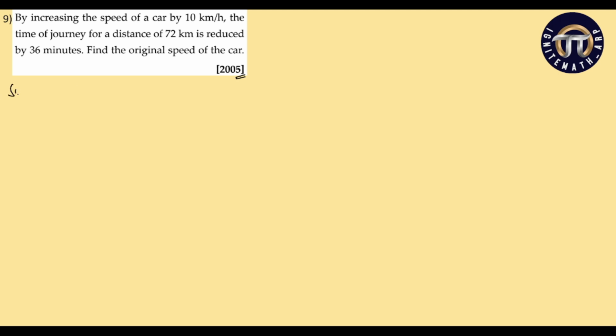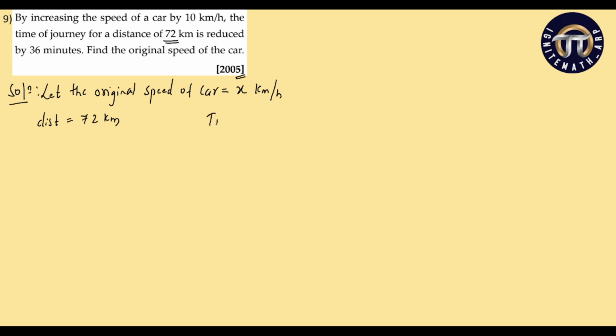So now in the solution, let the original speed of the car be x kilometer per hour. Clear? So what is the distance the car has to travel? Distance is equal to 72 kilometer. You know that time is equal to distance by speed. Correct, children?